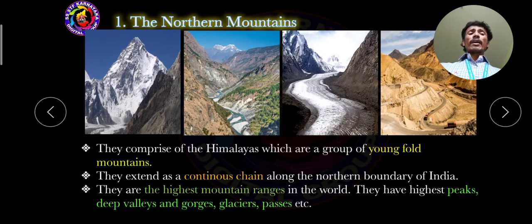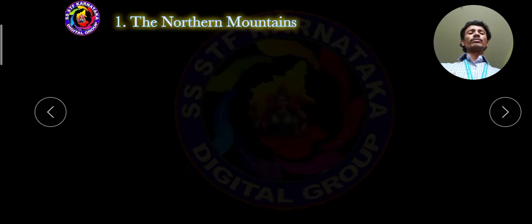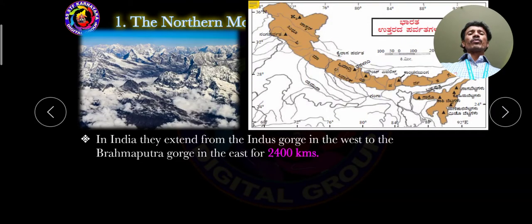They have the highest peaks. Deep valleys, gorges and glaciers are possible to see here. And in India, they extend from the Indus Gorge in the west to the Brahmaputra Gorge in the east. See here, this is the Indus Gorge.